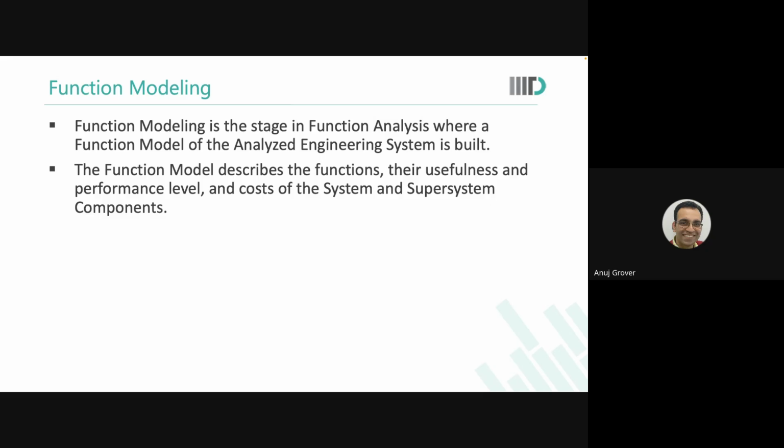So models are representations of the original with a lot of unnecessary stuff removed so that we can analyze it threadbare. So a function model is a representation of the engineering system. Why is it a representation? And why is it called a function model? Because it describes the functions that are happening inside the engineering system.